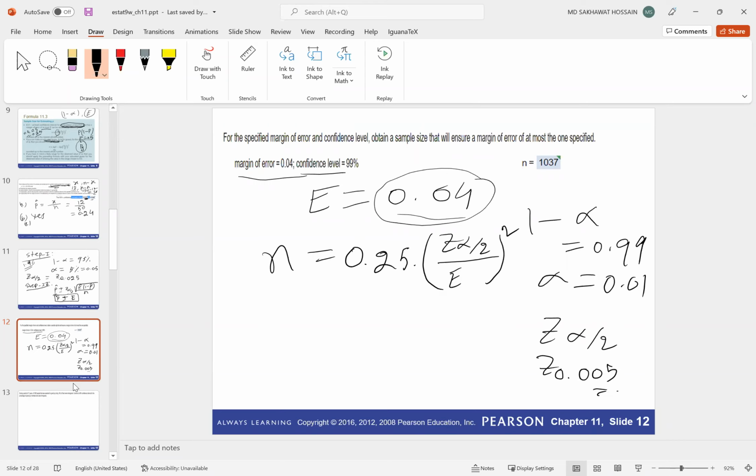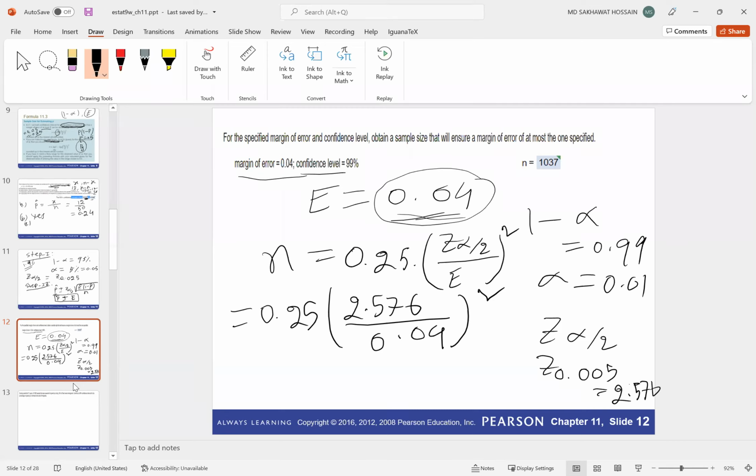So that means z 0.005. I think this is 2.576, but you need to check it. You need to look at the z table and find the z alpha over 2. I think this is 2.576. So now we'll plug in all the numbers: 0.25, 2.576, and the margin of error we want to have, 0.04.